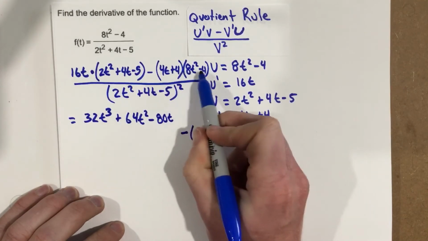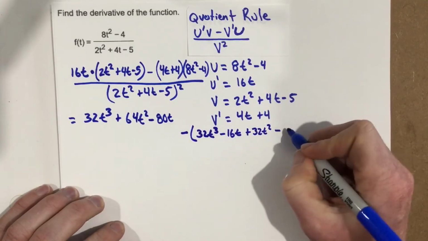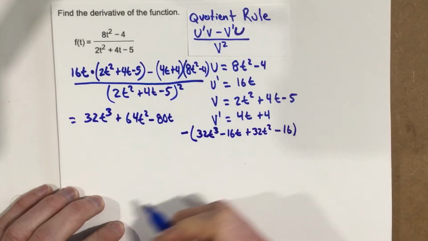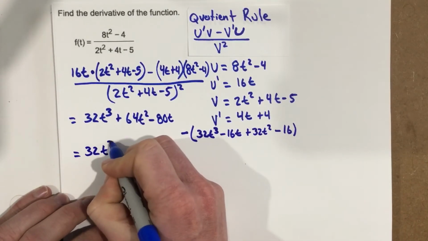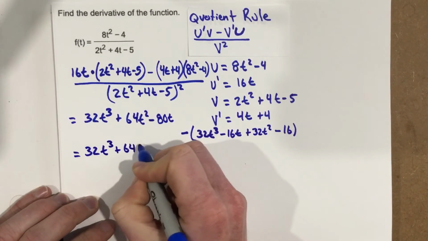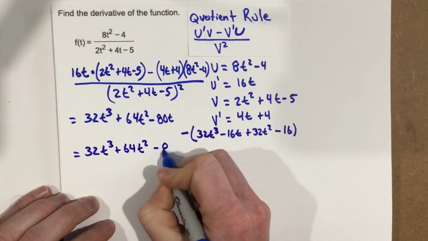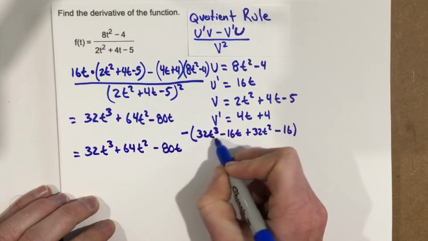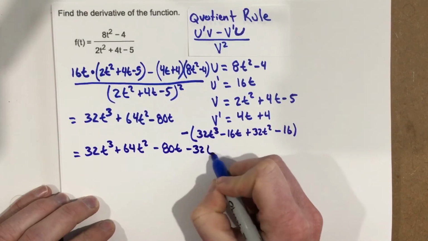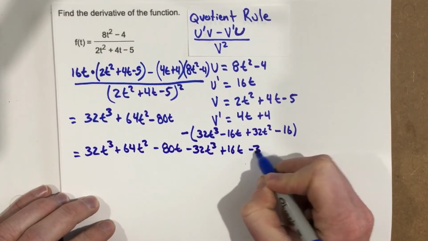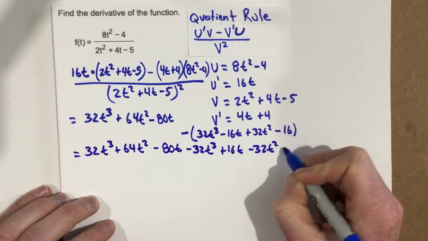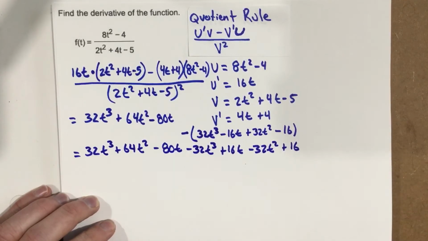And then 4 times negative 4 is minus 16. So that equals 32t cubed plus 64t squared minus 80t. Distribute the negative, you get negative 32t cubed plus 16t minus 32t squared plus 16.